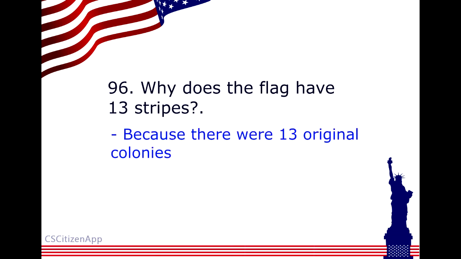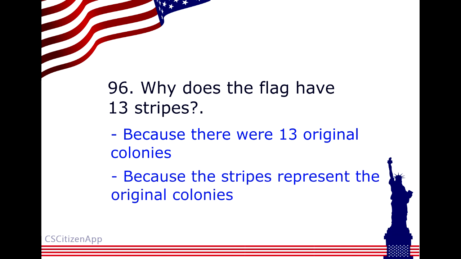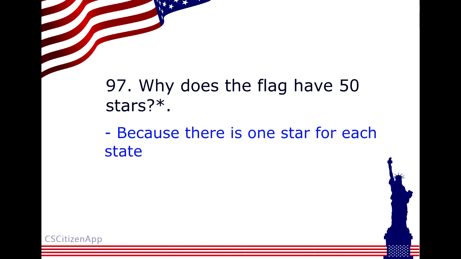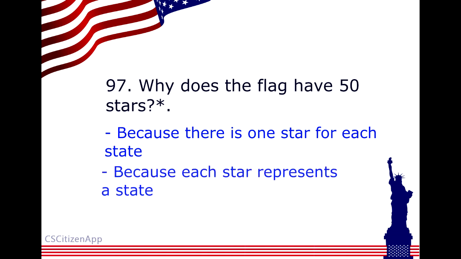Because there were 13 original colonies. Because the stripes represent the original colonies. Why does the flag have 50 stars? Because there is one star for each state. Because each star represents a state. Because there are 50 states.